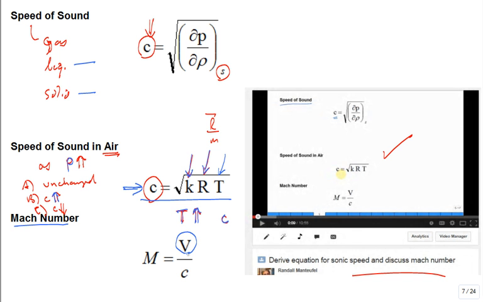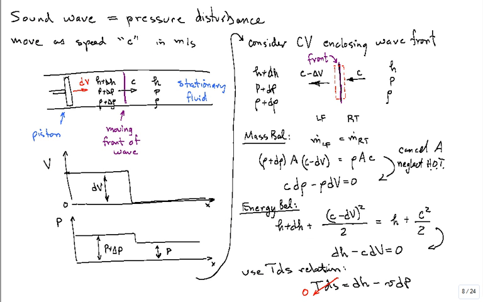So you can have an object, a bullet, a chunk of metal being flown as a projectile, or an aircraft going very, very fast, and actually even a rocket exceeding the speed of sound in the air that it's flowing through. It can be traveling at a Mach number greater than 1. True?